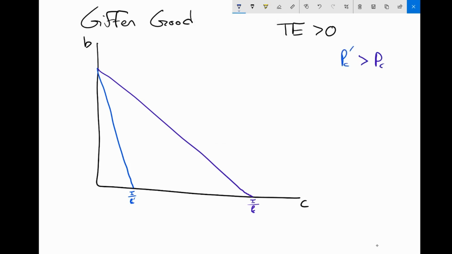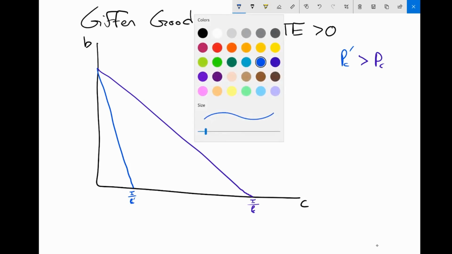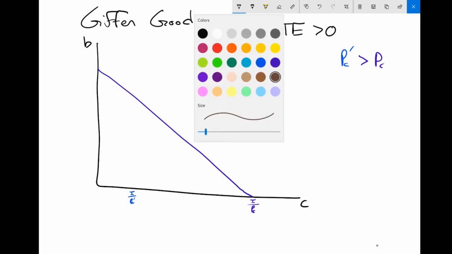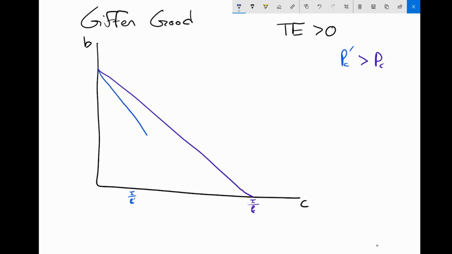So when price goes up, the budget line shifts in. Imagine I have a situation. I'm going to change this line to make it easier to illustrate. Imagine I have a situation like this. Here's PC prime.